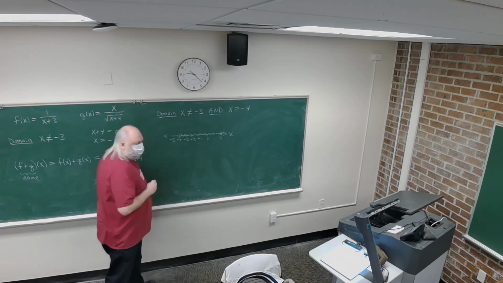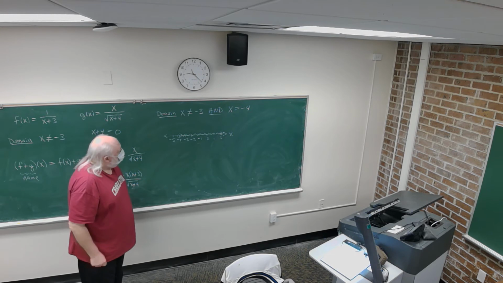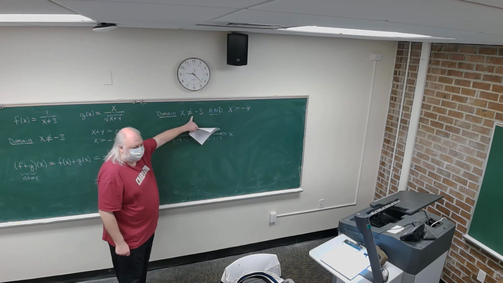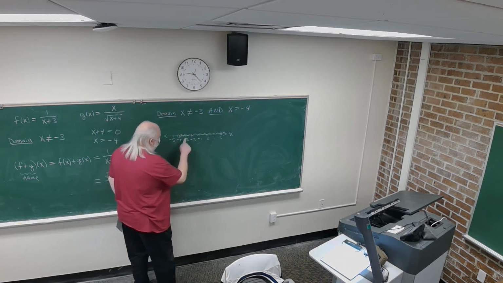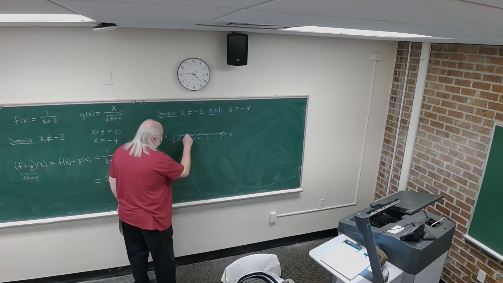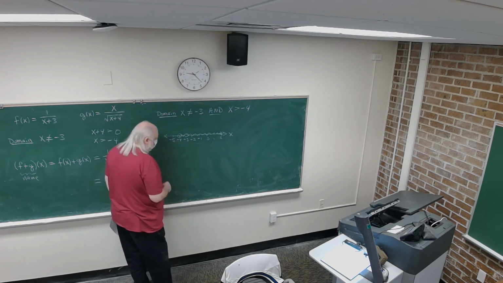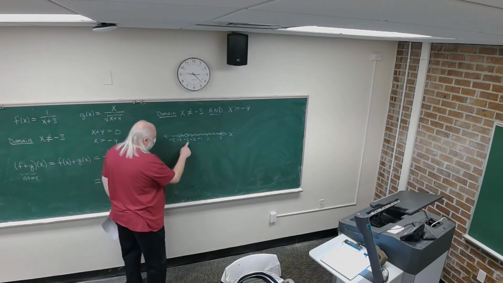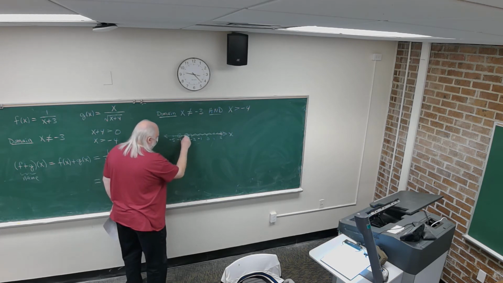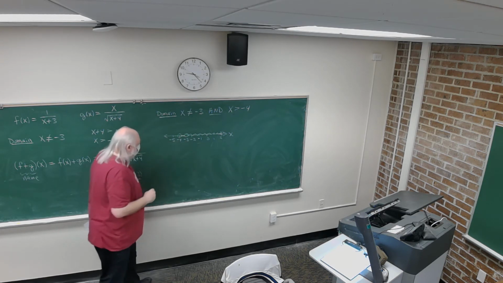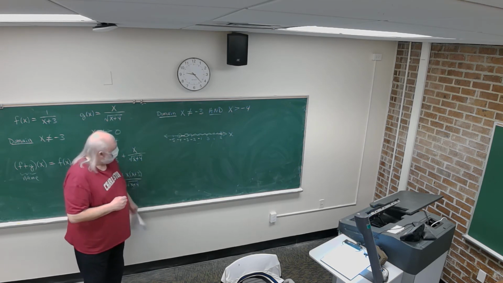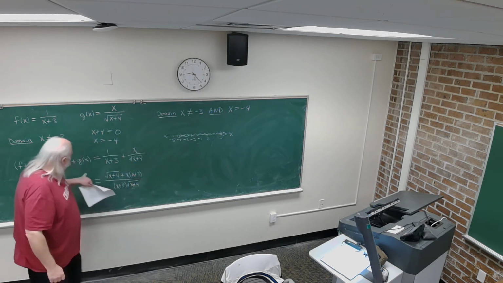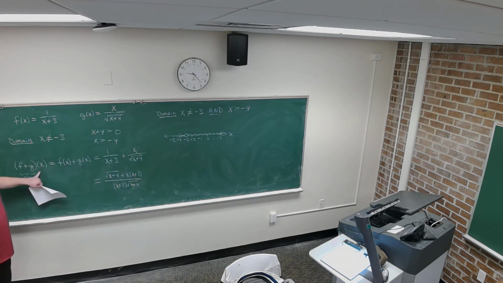That's x greater than minus 4. And x can't equal minus 3, so remove the shaded area over minus 3 and put an open circle. So we have an open circle on minus 4, an open circle on minus 3, and we shade between minus 4 and minus 3, and then we shade everything to the right of minus 3. That's the graph of the domain of the function f plus g of x.